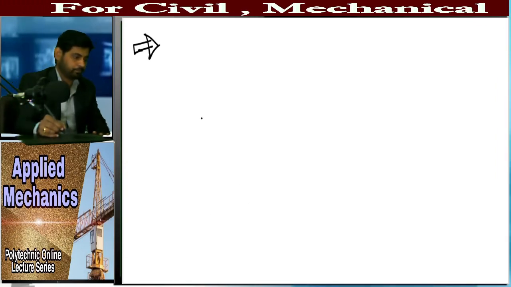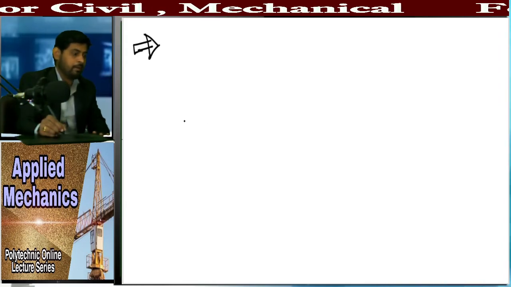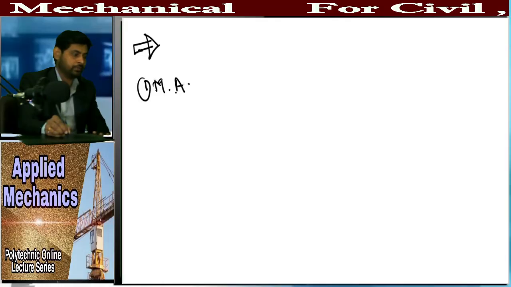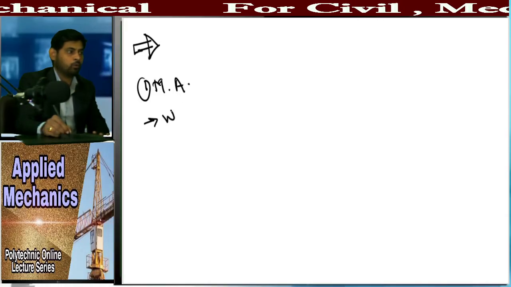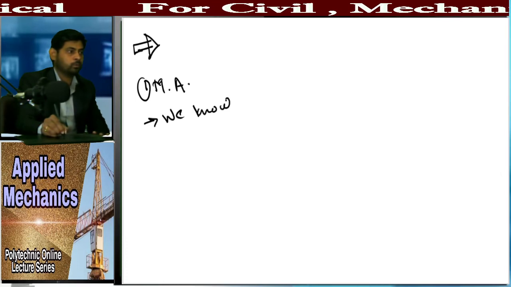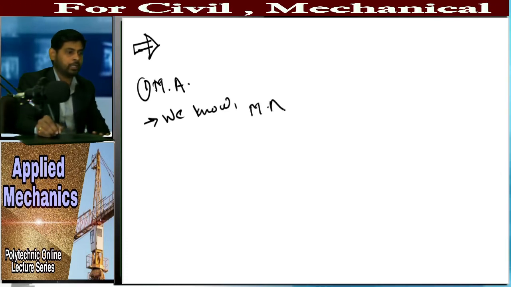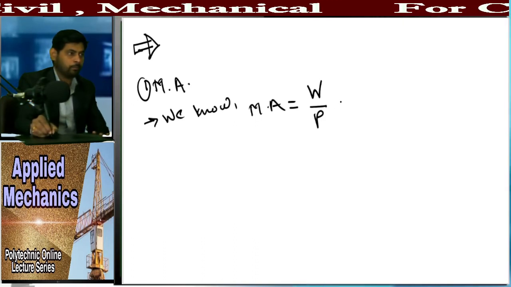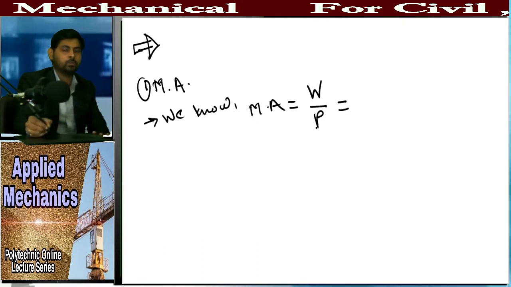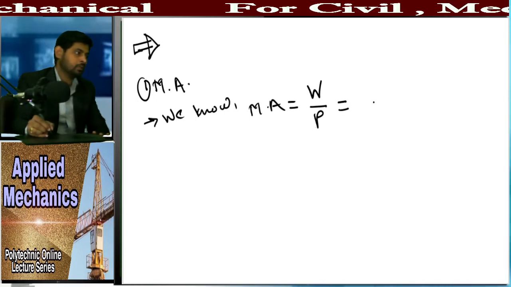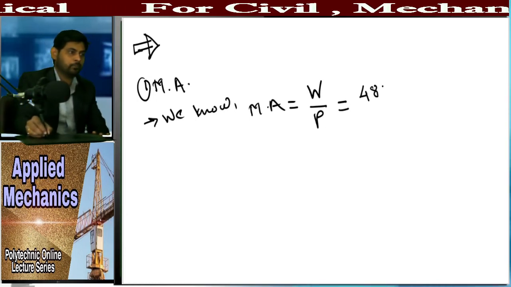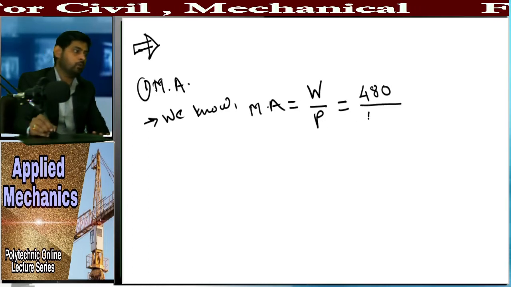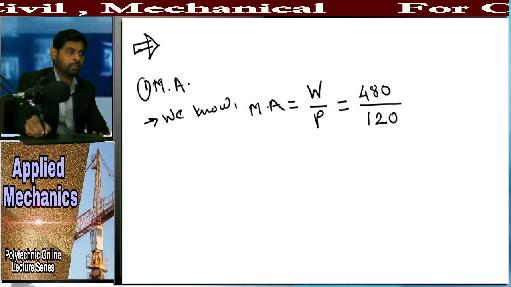So first thing we have to find out is the mechanical advantage. We know the formula of mechanical advantage, that is W upon P. The value of W is 480, that is 60 plus 420, divided by the value of P, that is 120, right?